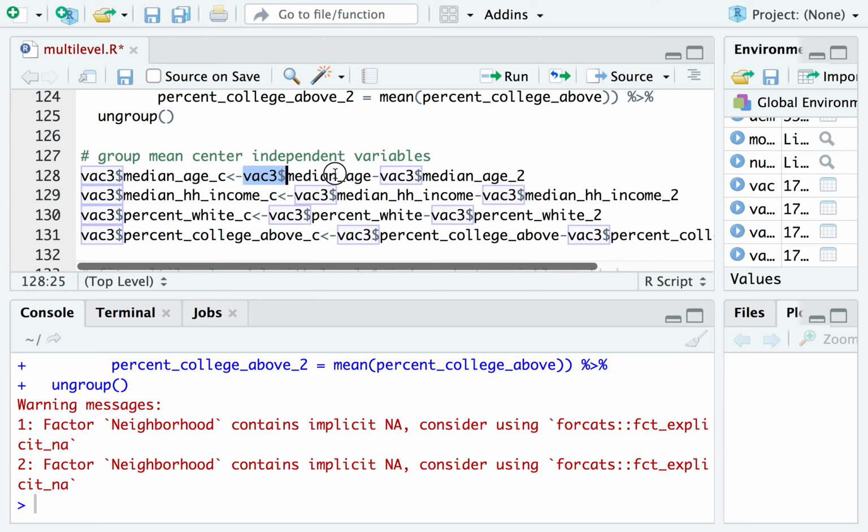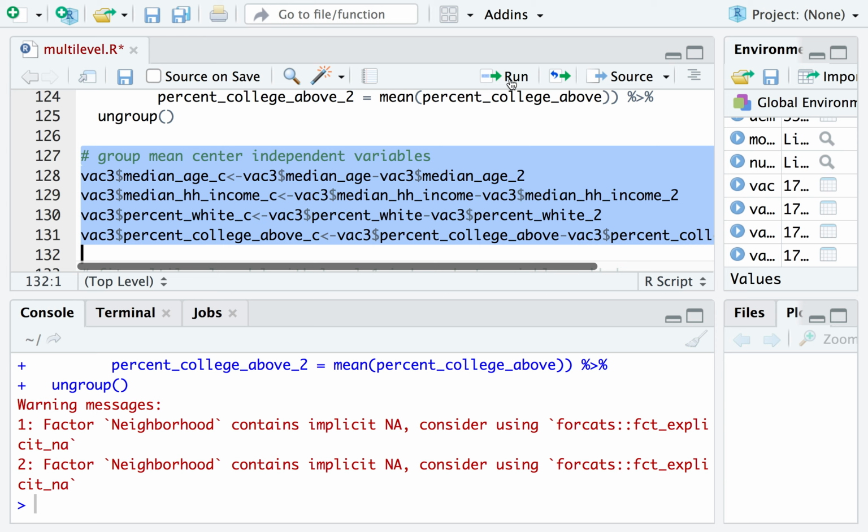I am subtracting the group mean right here from that specific value. And I'm doing this for all the independent variables that I'm interested in. And again, the reason why you might want to do this should be based on the data. Don't feel like you have to do this group mean centering.